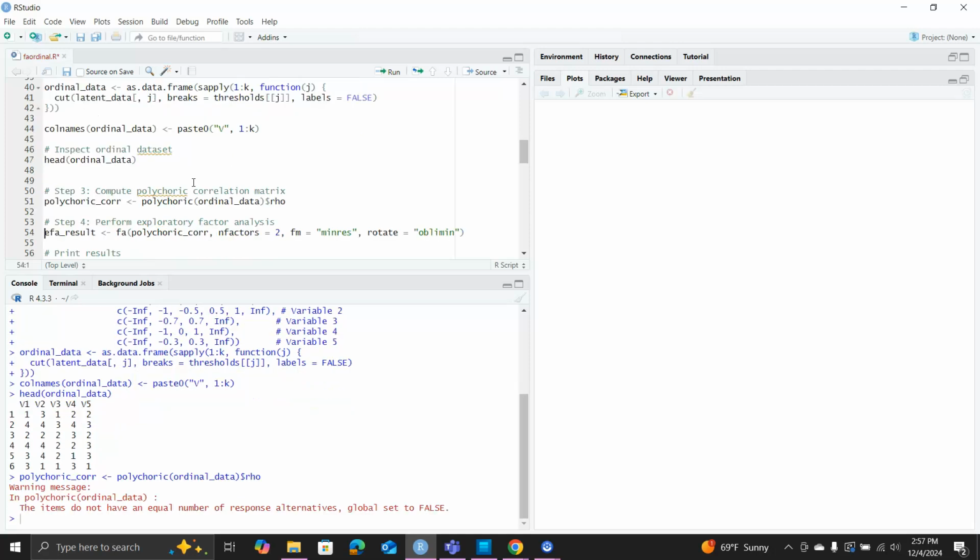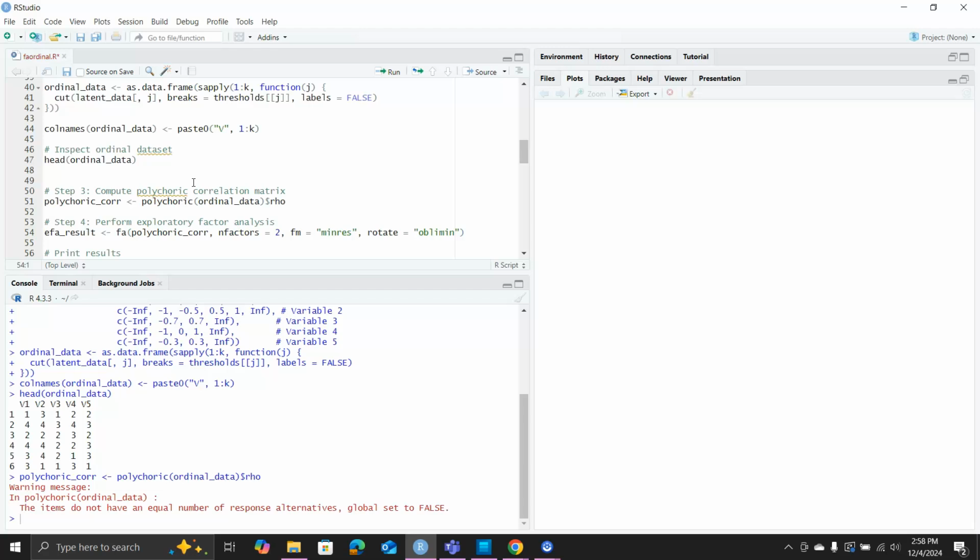After we have that correlation matrix, we can feed it into the fa function, which is the factor analysis function in the package psych. You need to specify nfactors, the number of factors. Here, let's try 2. The estimation method is minres, the minimum residual, and the rotation method is oblimin.